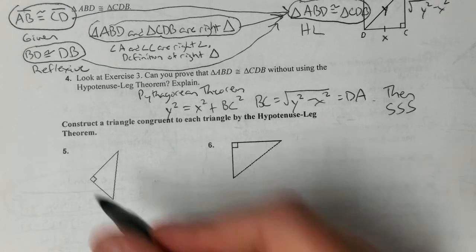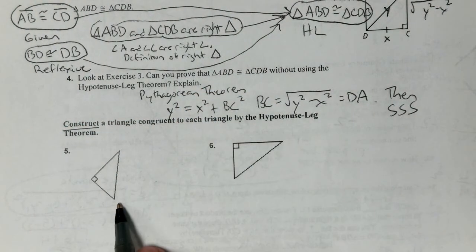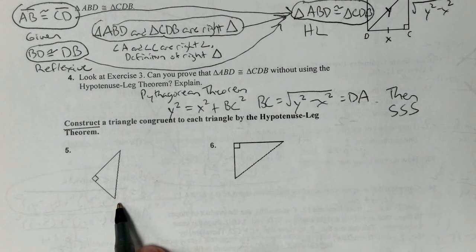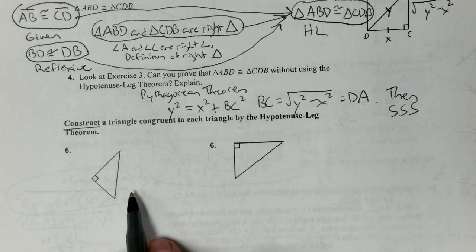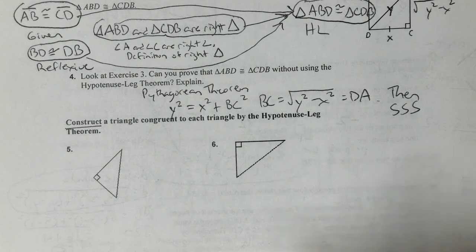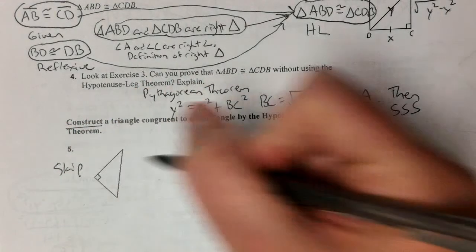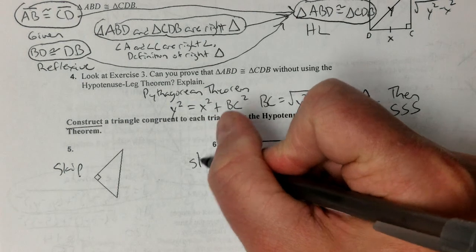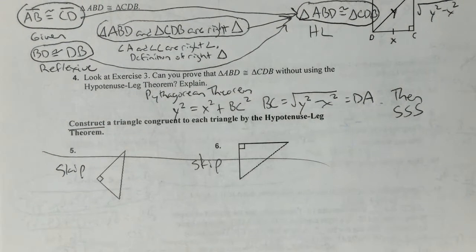Okay, then this is on constructing a triangle using different methods. Then what we're going to do, we're not going to use the protractor or the compass. So you can cross those two out.